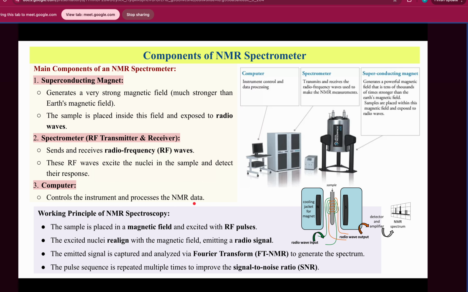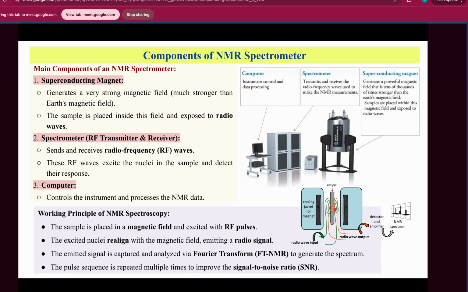Now we'll look into the working of this NMR spectrometer. Firstly, we place the sample in the presence of the magnetic field and excite it with RF pulses. Here we have shown the superconducting magnets, which generate the magnetic field, and the sample placed in between. Now we also provide a pulse of radio frequency waves.